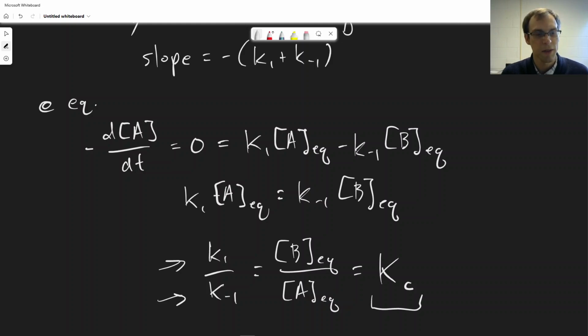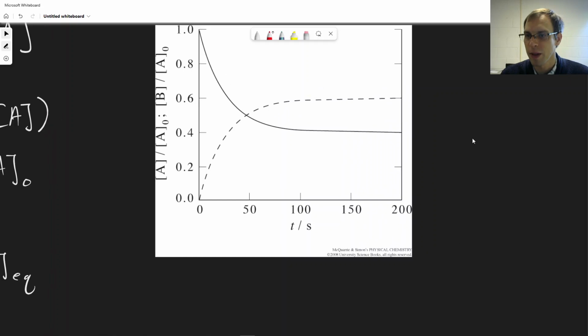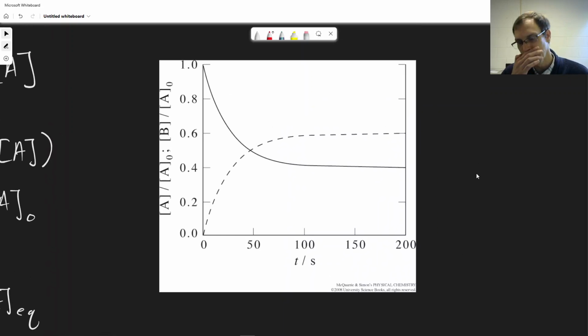Now this is specifically for a first order reaction in either direction, but the basic idea is similar for other reversible reactions. One last thing I wanted to show before we end this video is what the time dependence sort of looks like. This is for a generic reaction here.